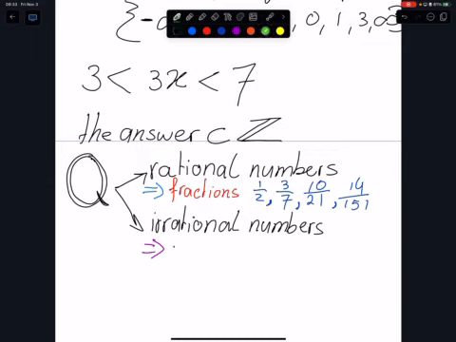For example, the square root of 5, 0.7319913, pi. These numbers cannot be placed in a fraction, so they are called the irrational numbers.